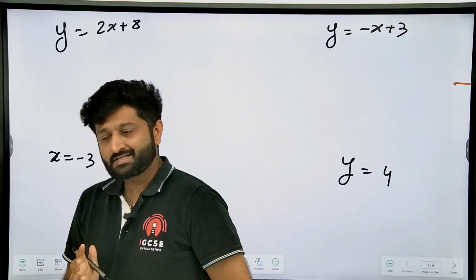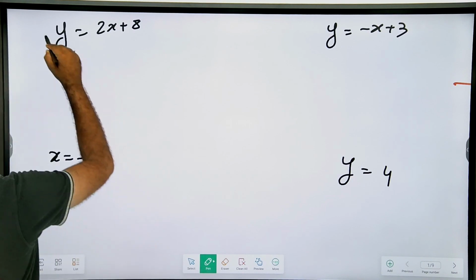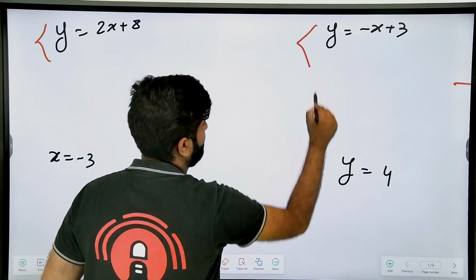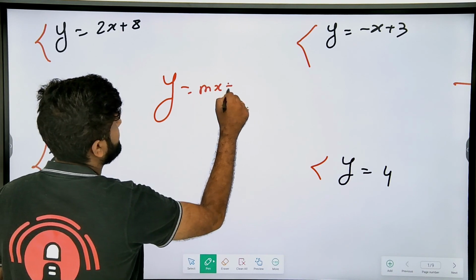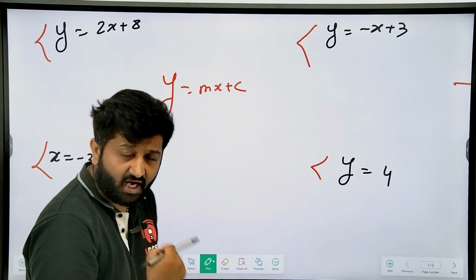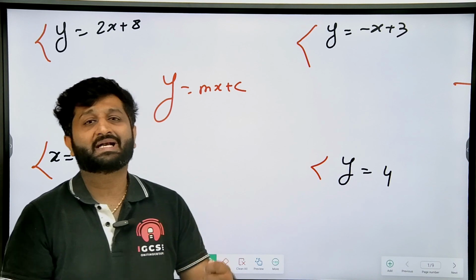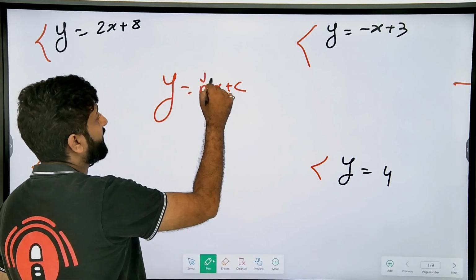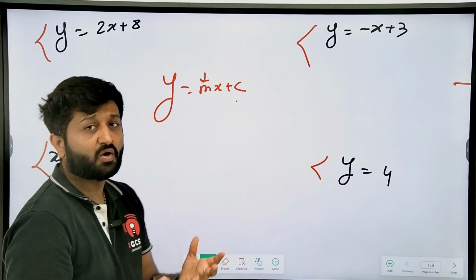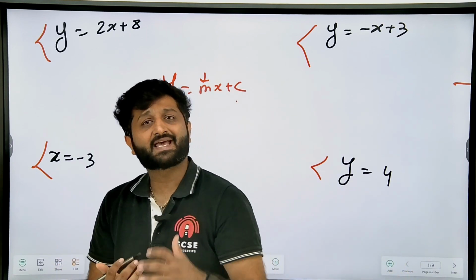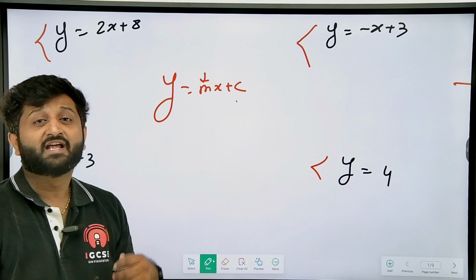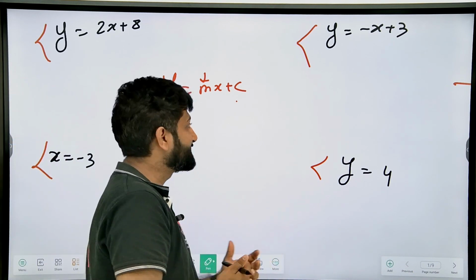Now guys, you have to remember that if you're getting your graphs in this format, which is y equals mx plus c, then these graphs are going to be straight line graphs, where m is your gradient and c is your y-intercept. Y-intercept means the point where the graph crosses the y-axis, right?